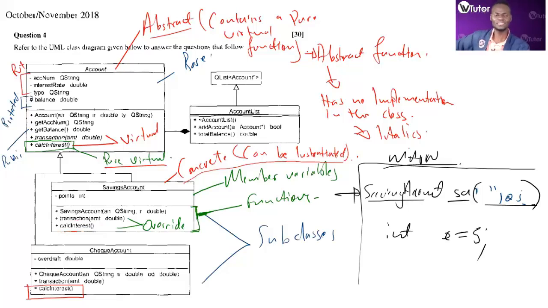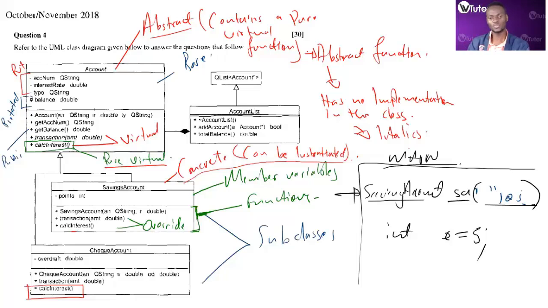You cannot look at these functions and immediately know how to implement them. Someone has to explain to you how to implement this function. Otherwise, without some sort of description of what the function does, there's no way you can implement it because I don't know how to calculate the interest. What is it doing? Same applies to transaction. You don't know what transaction is doing unless something says this is how transaction works.